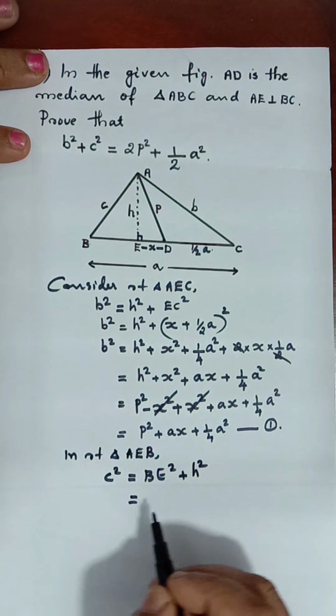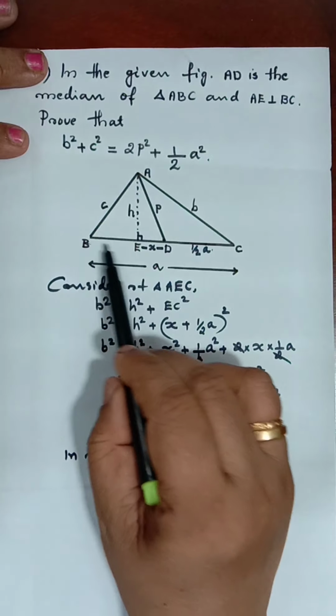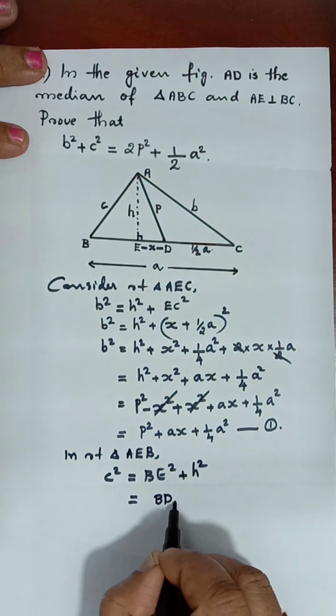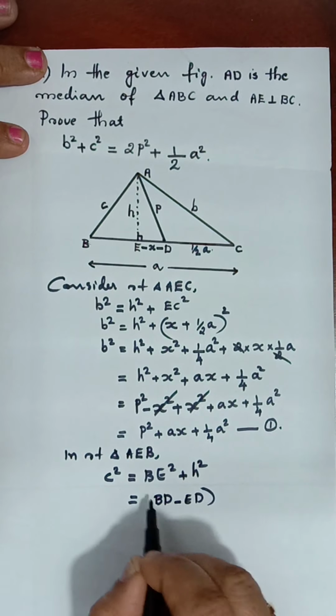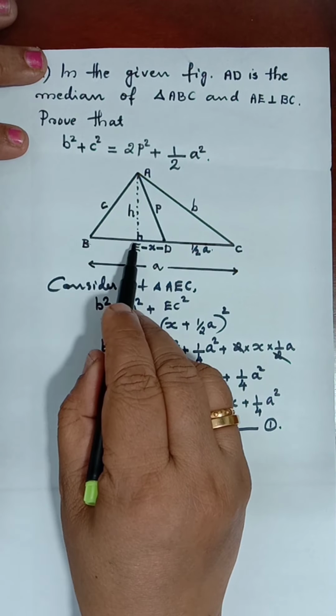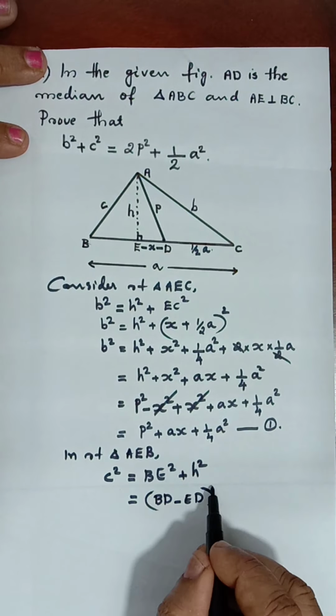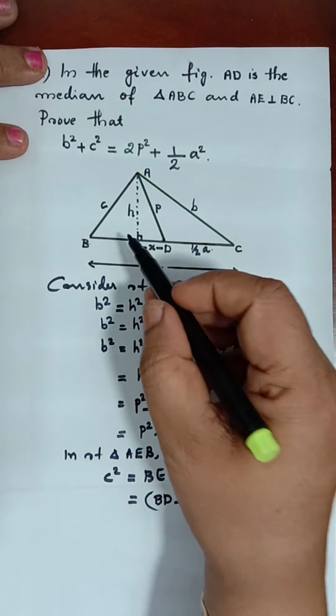So what is BE? Is it BD minus ED? BE is BD minus ED. Whole square it will be plus H square.